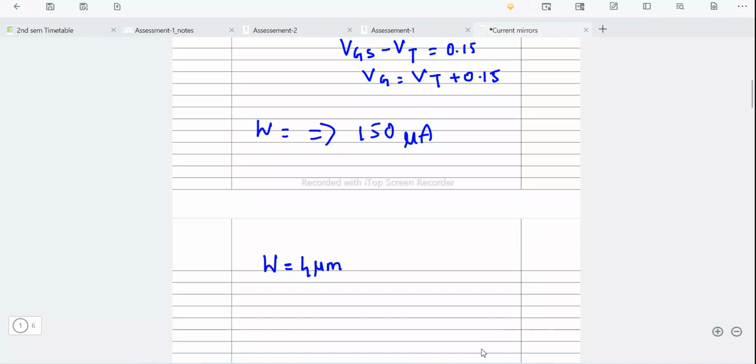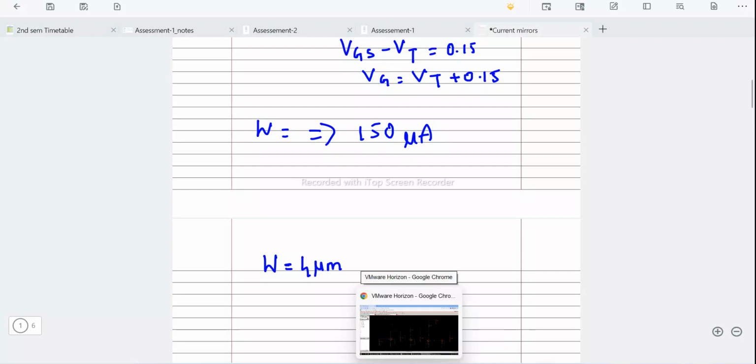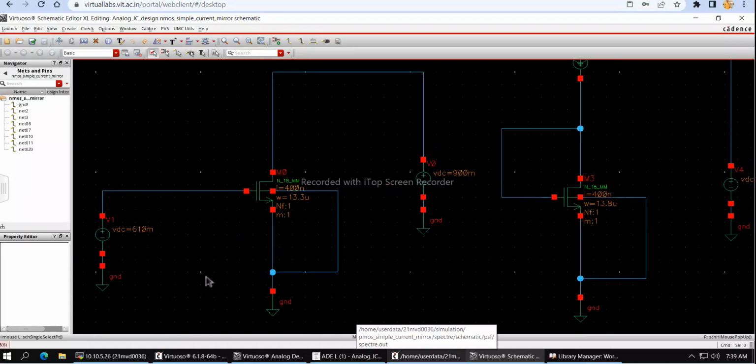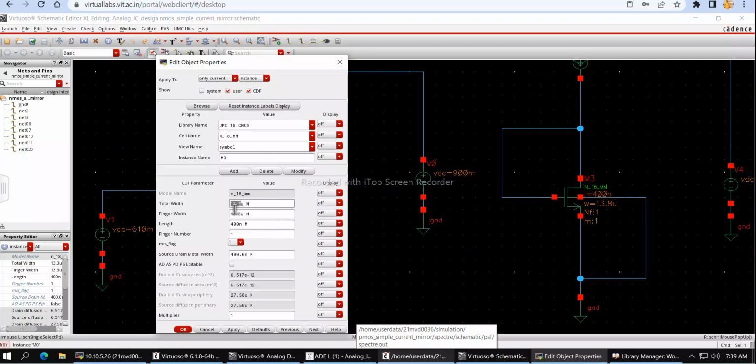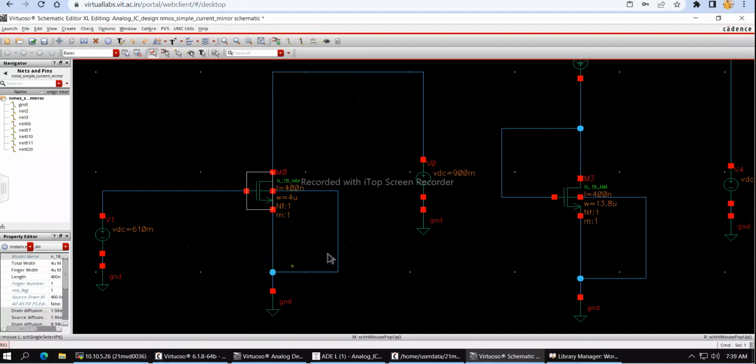Now we shall go into the Cadence software and start designing. We shall start by assuming the width of the NMOS as 4 micrometer, and we also need to obtain the threshold voltage of this NMOS.